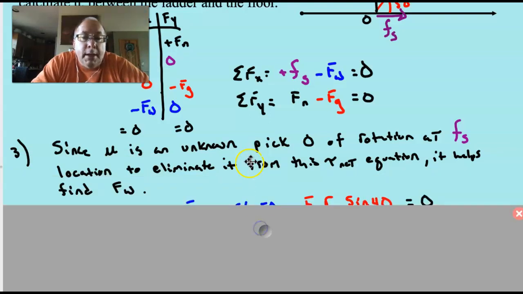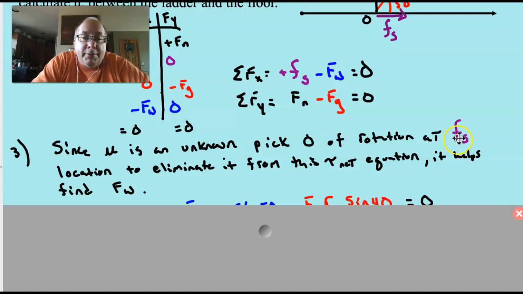Since mu is an unknown, and it's in this equation with another unknown, and there's no other way to get to this from these equations, we want to pick our point of rotation O so that we can eliminate the thing that we're looking for. That helps in a lot of problems. So we choose that point of rotation of the ladder at the location of F sub s, the force of friction.